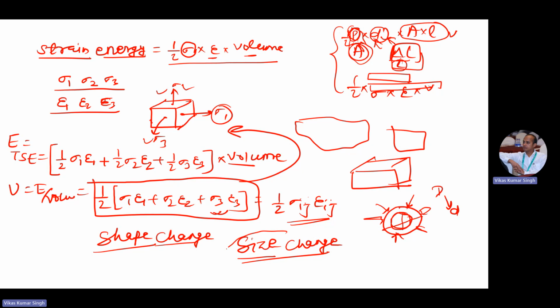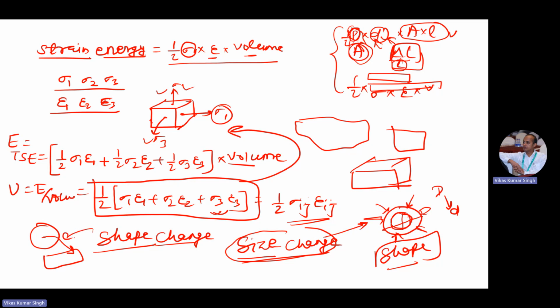So here size change, shape is the same. Another concept, shape change. Suppose you have a sphere and now this is becoming a flat surface. So sphere to flat, this is nothing but your shape change. Shape has been changed.